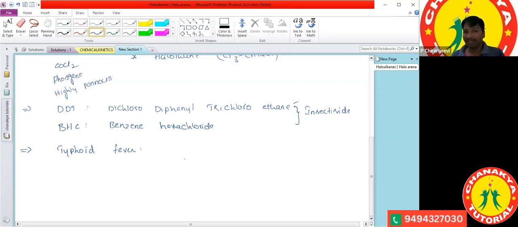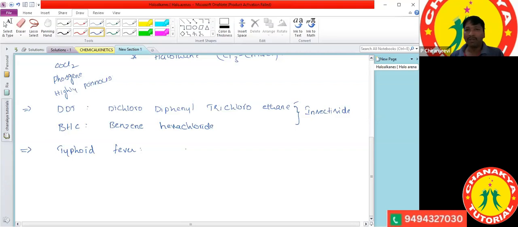Generally we can see the name of the medicine, but we won't see the drug. Doctors generally check the drug only, not the company name, because many pharma companies are producing one kind of product.